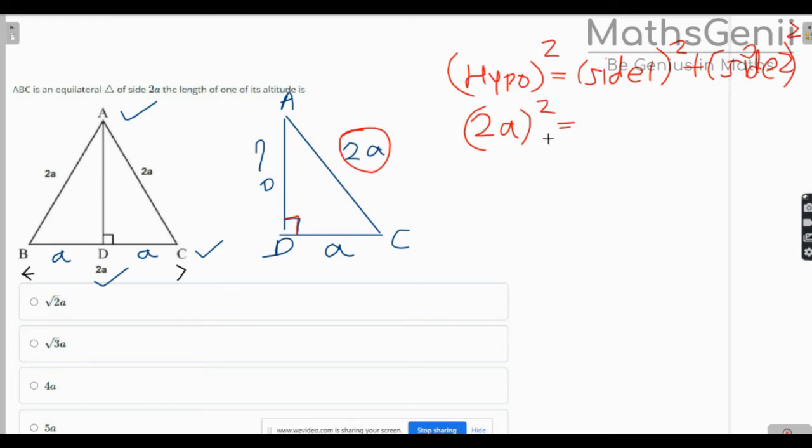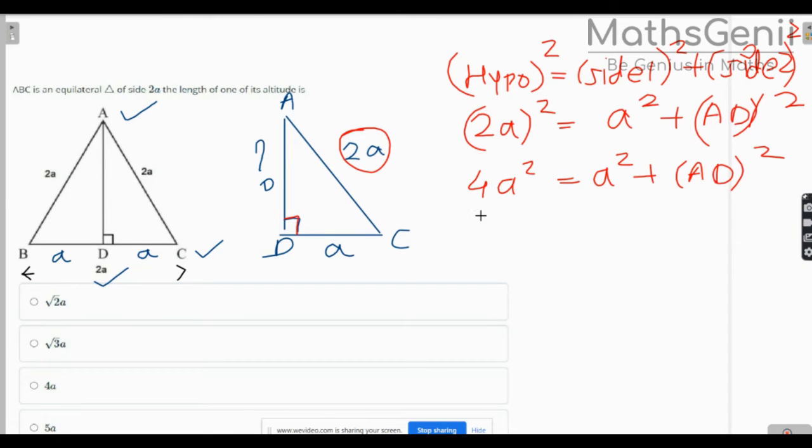Side 1 is a square plus side 2 is AD square. 2a square is 4a square. 4a square is equal to a square plus AD square. 4a square minus a square is equal to AD square. 4 minus 1, 3a square is equal to AD square.